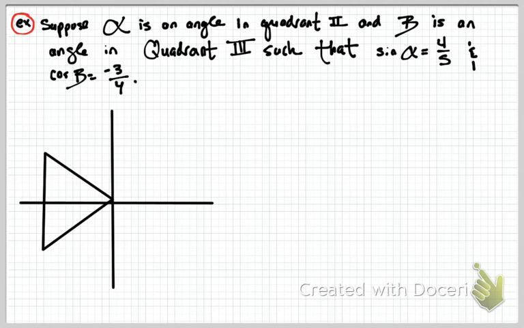Sarah yesterday brought up a really good question. How do you know these are the same length here? Because they're going to be a shared side. Sometimes they're not, but in the scenarios we're going to be dealing with, they should always be the same here, given the information. So we know that this triangle is alpha in quadrant 2, and in quadrant 3 we have our beta triangle, or an angle there.